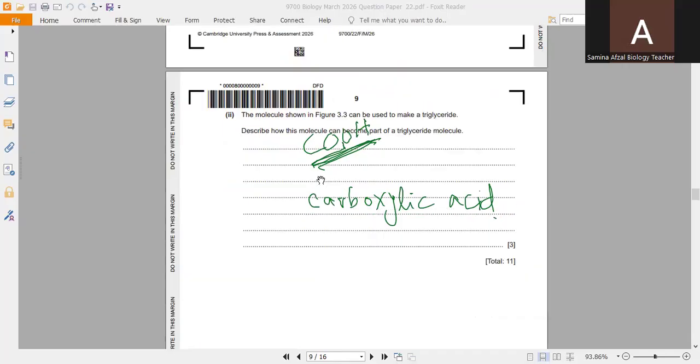So we are moving towards the last part of this question. The molecule shown in figure 3.3 can be used to make a triglyceride. Describe how this molecule can become part of the triglyceride molecule. You know that in a triglyceride molecule, a condensation reaction takes place in which the fatty acids react with the glycerol molecule, glycerol being the head and the fatty acids the tail.